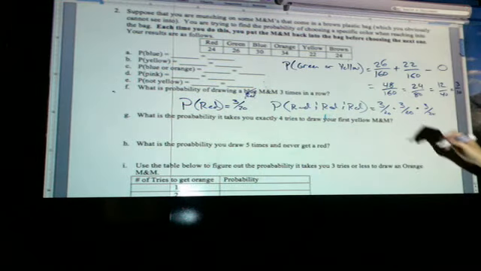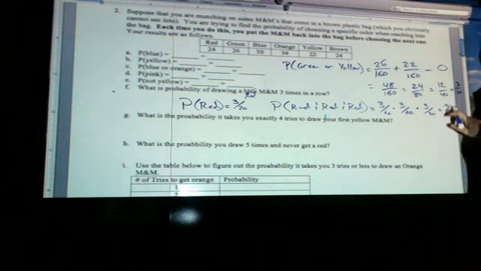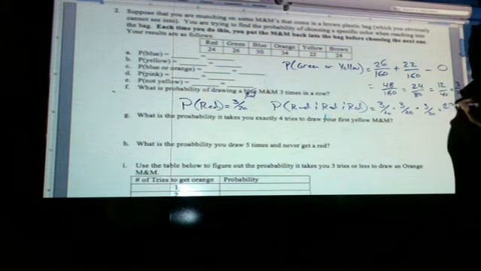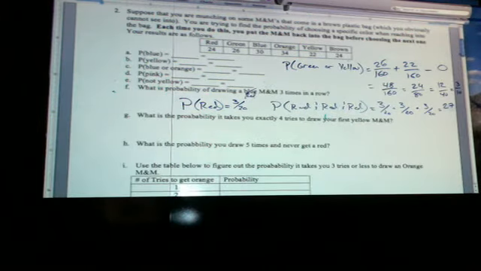That equals 27, because 3 times 3 is 9, and 9 times 3 is 27. 27 over, I want to check just to make sure, oh, 8,000. Over 8,000. But your answer should be a little bit different because you're doing blue 3 times.